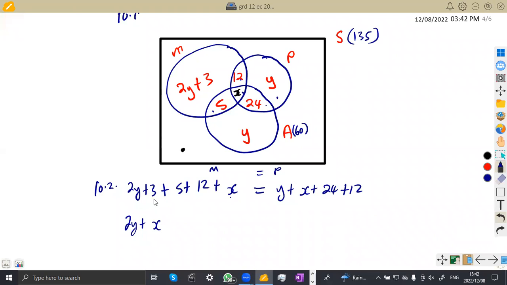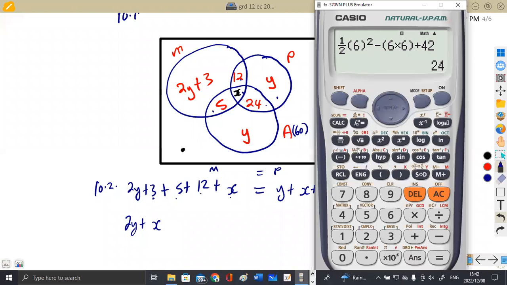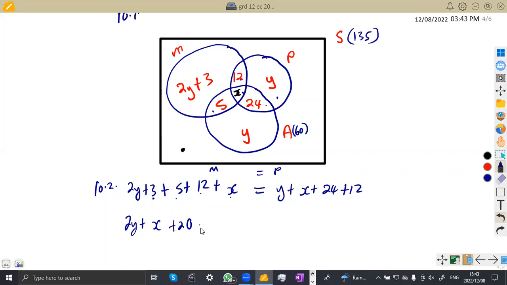Then you can collect like terms, 3 plus 5 plus 12, from our calculator. Okay, this calculator can do everything for us. So we add 3 plus 5 plus 12, which is 20. So we obtain a 20 here, which is equal to, you do the same here, y plus x, which is equal to 12 plus 24 plus 12, that is 36.